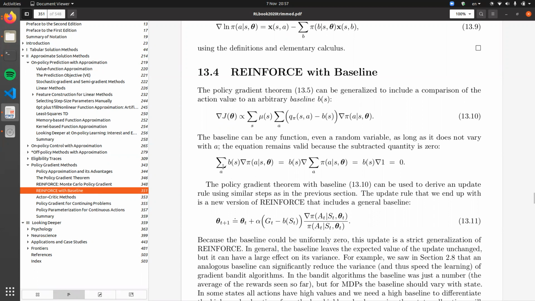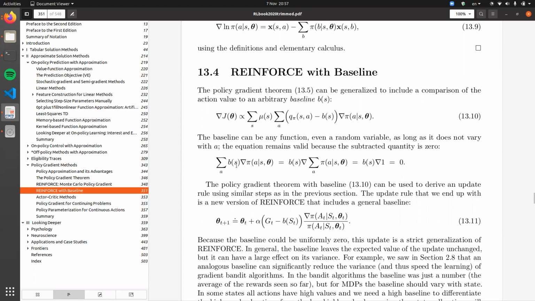We can show that the expectation of any function of a state, here this function B, which stands for baseline, depends on a state but does not depend on action, and the expectation of this value will be 0, because if it does not depend on action, we can take it out from the gradient here. So we will have a gradient.